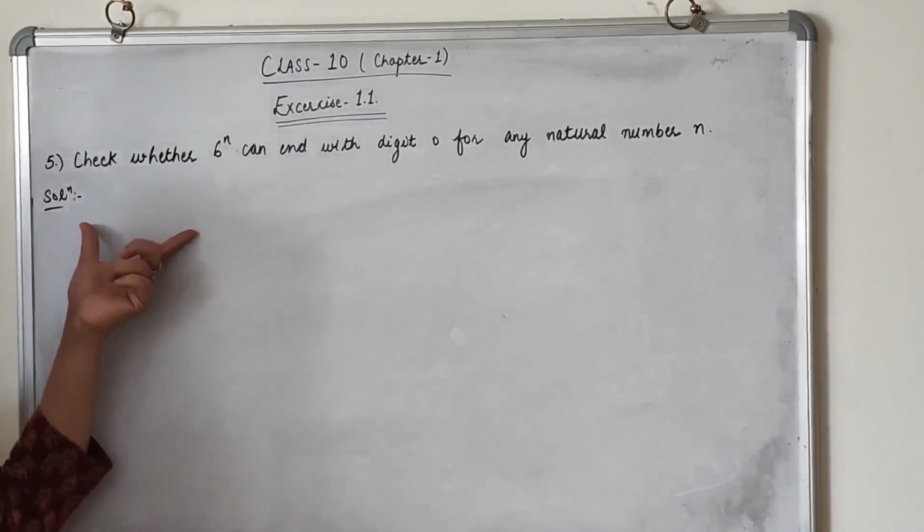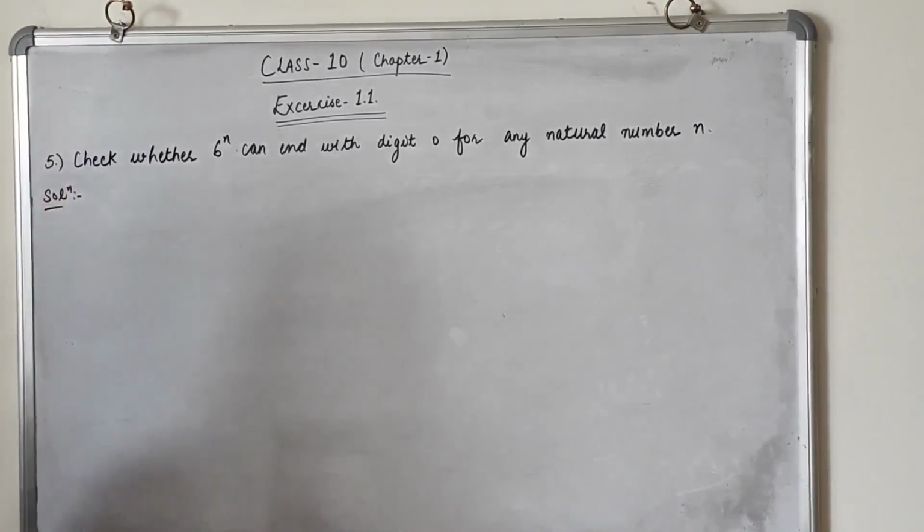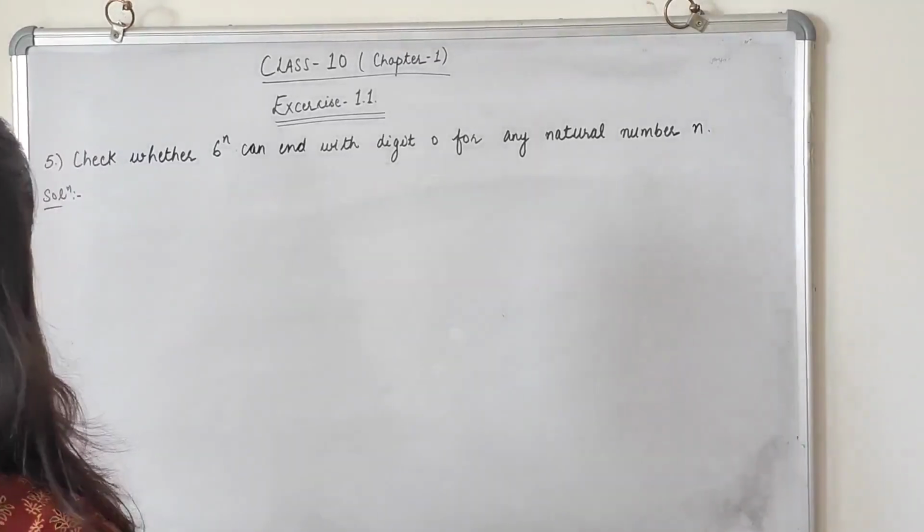So here is our next question. Question number 5. Check whether 6 raised to power n can end with digit 0 for any natural number n.